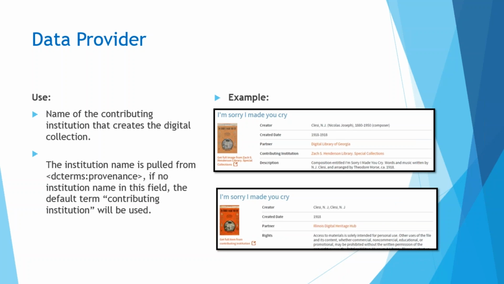If this field is not used, DPLA will default to "Get full image from contributing institution" instead of including the institution name, such as in the bottom example. And then we have the actual name of the institution there.